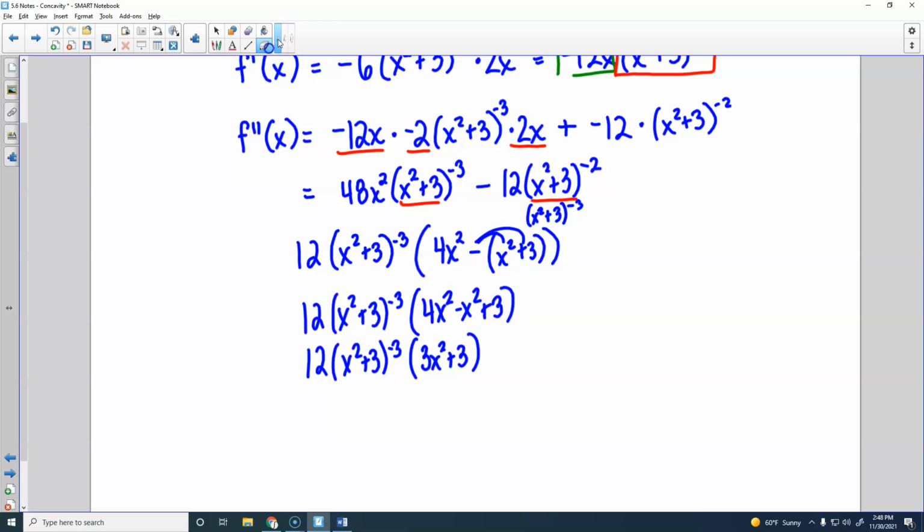Oh, yes, thank you. And I would probably go ahead and send this back down to the denominator. So you've got 12 times 3x squared minus 3 over x squared plus 3 to the third.